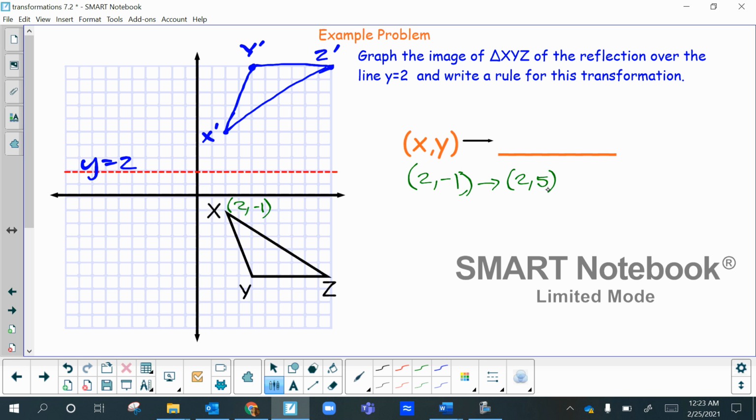So we're going to go another one now. Let's take a look at y. Y is at 4 comma negative 6.